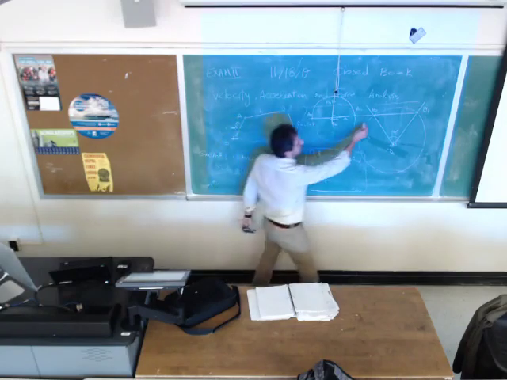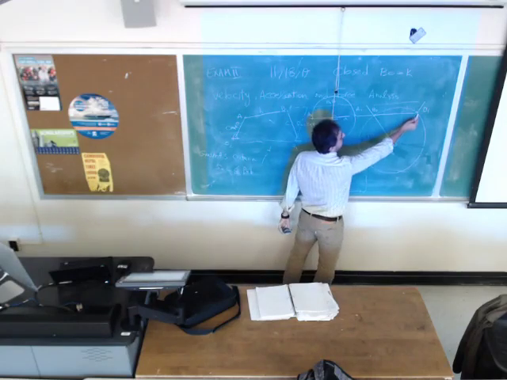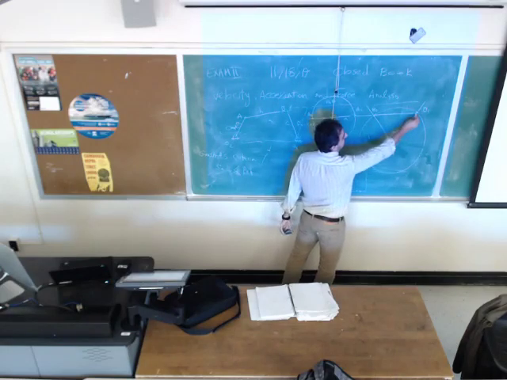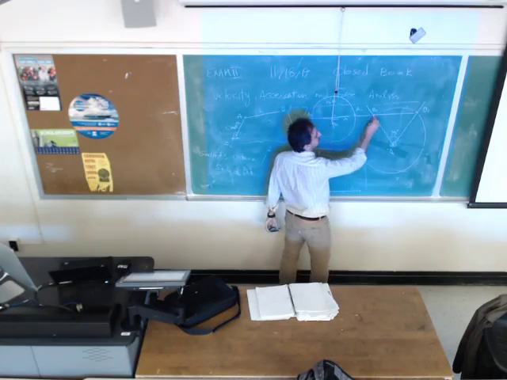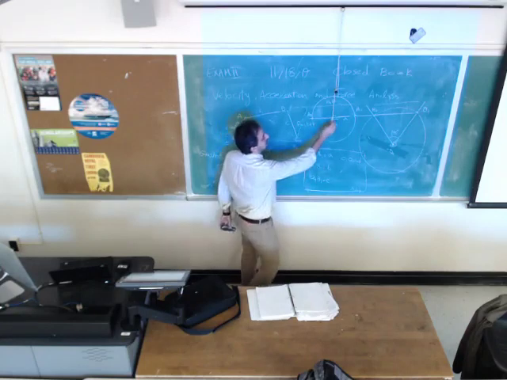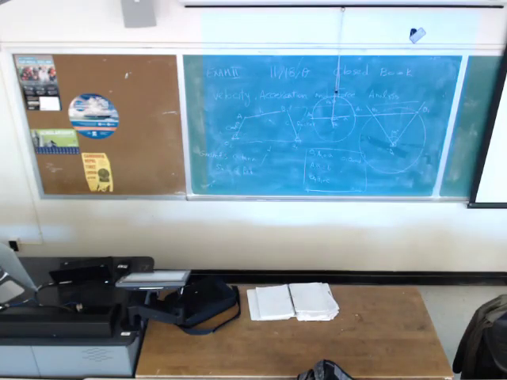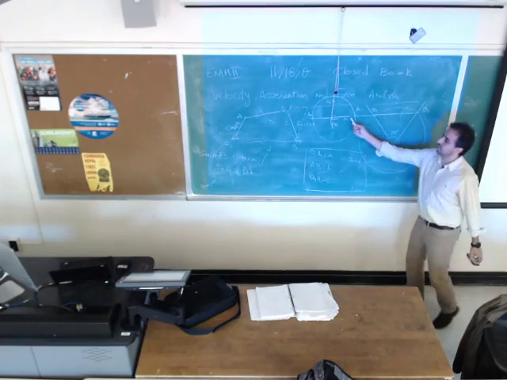Point B2 is not a free choice. You are going to draw a circle with this center and this radius, so you are going to get point B2. But O2 is going to be your last free choice. It has to be on that line, but it can be anywhere on the extended line of B1, B2.